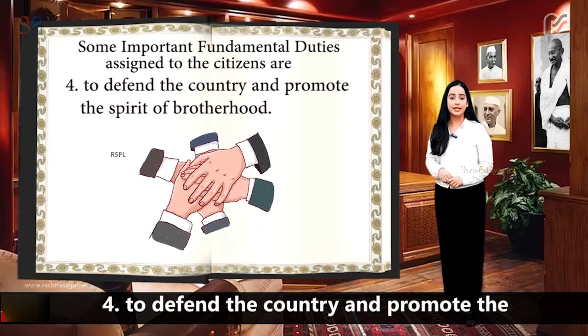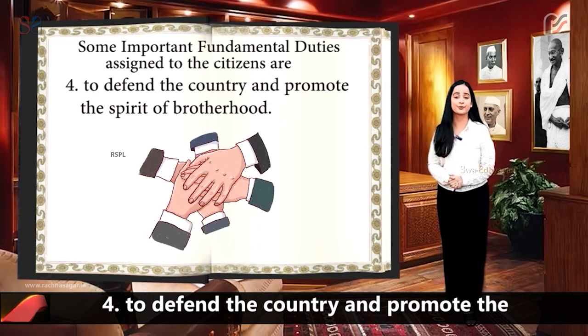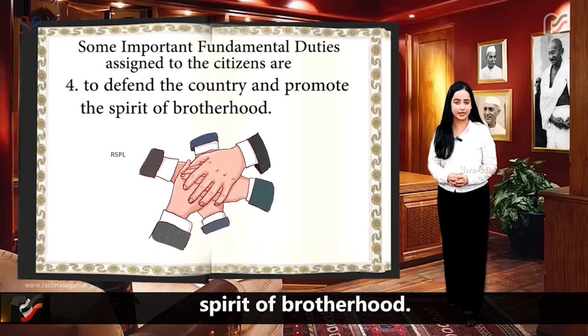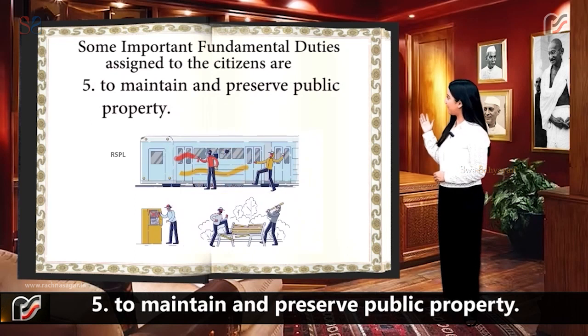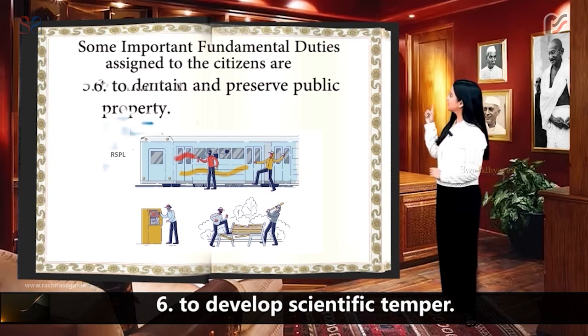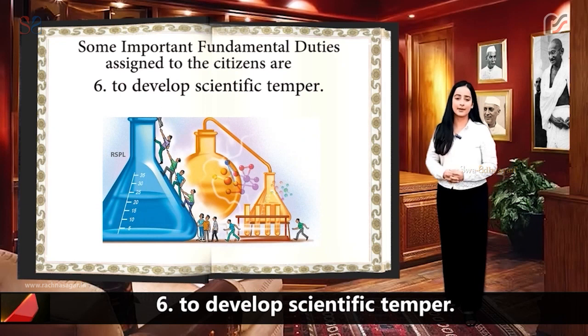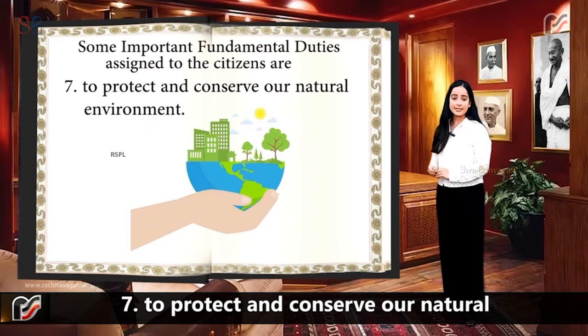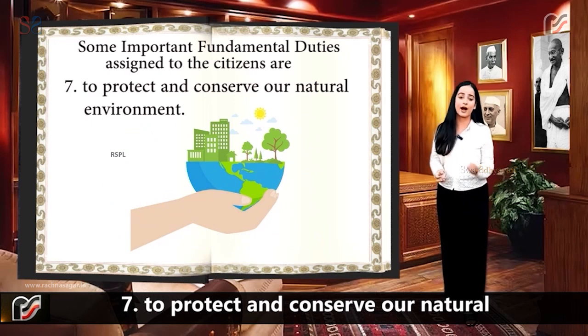Number four, to defend the country and promote the spirit of brotherhood. Number five, to maintain and preserve public property. Number six, to develop scientific temper. Number seven, to protect and conserve our natural environment.